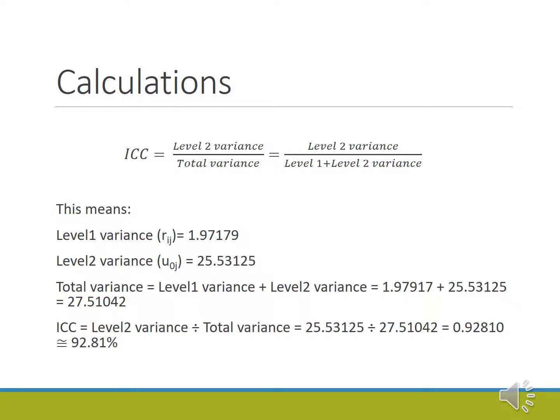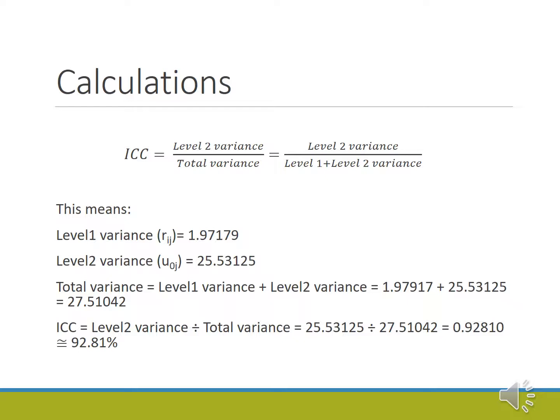And then the ICC is the level 2 variance divided by the total variance. So the 25.5 divided by the 27.5, and you get 0.9281, which, if you convert this into percentages, is 92.81%, which means the ICC for the bootcamp data is 92.81%.